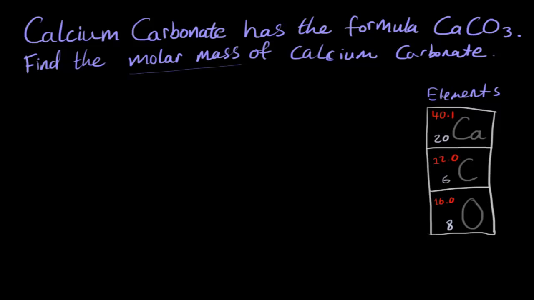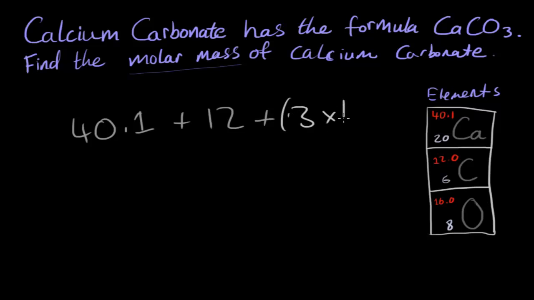So what we're going to do here is get the calcium. We don't need to multiply this by anything since it's just 1 mole of that. We add this to the moles of carbon, which is just 12. And then we add this to 3 times the Ar of oxygen, since it's going to be 3 moles of oxygen, plus 3 times 16.